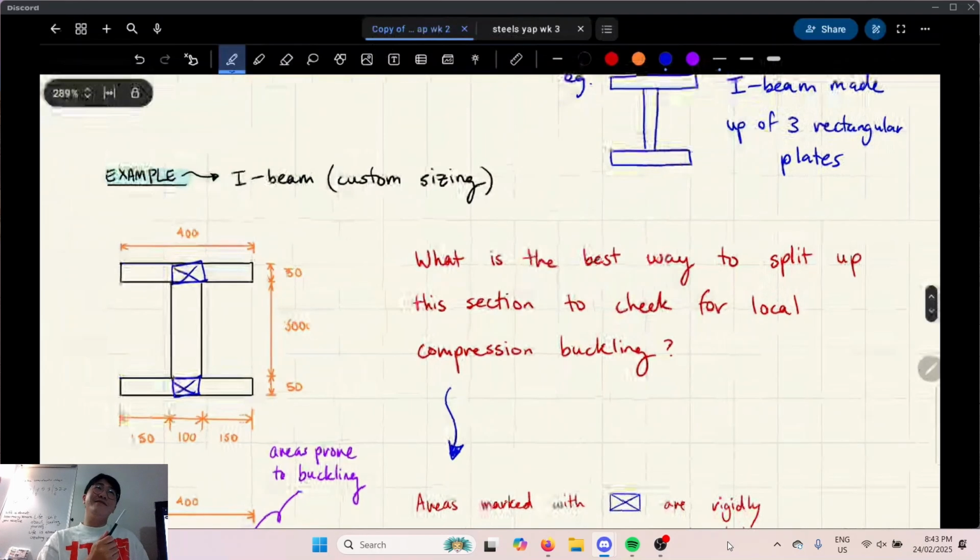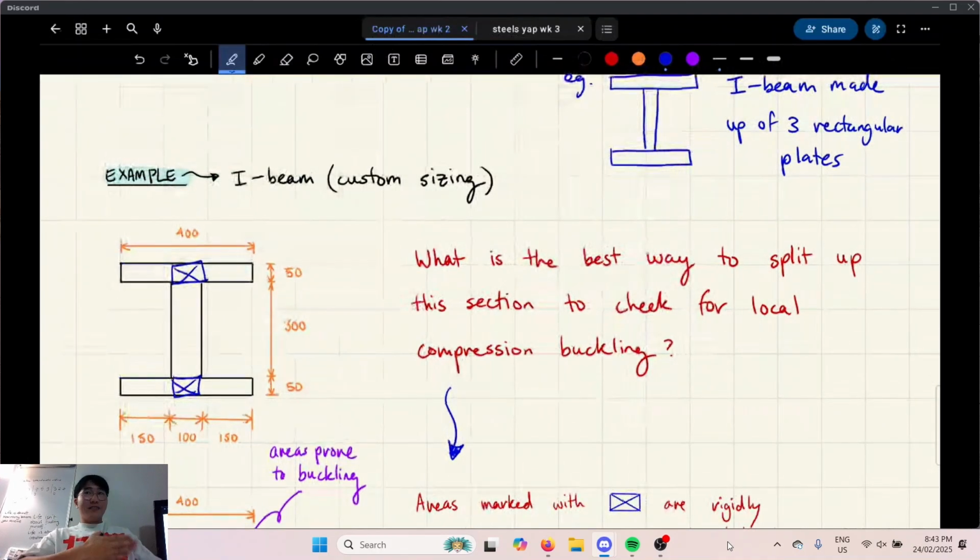There's a short reason and a long reason. The short reason is to pretend it has rigidity from multiple sides, so it can't buckle. For a rectangular hollow section, it would be the corners, because you have multiple flat plates connected.